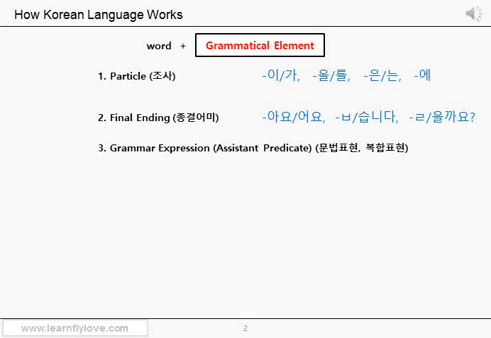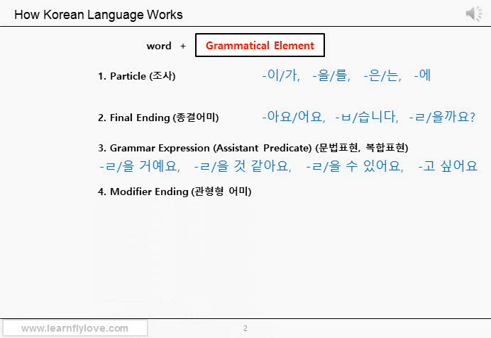We use the term assistant predicate in our learning materials since it has another predicate in it. 을 거예요, which is used to indicate the future tense, your mild intention or possibility when you're almost sure. 을 것 같아요, which is used to indicate the possibility when you're more than 70% sure. 을 수 있어요 is used to say I can do something. 고 싶어요 is used to say I want to do something. And there are plenty of grammar expressions or compound expressions that you need to learn in Korean.